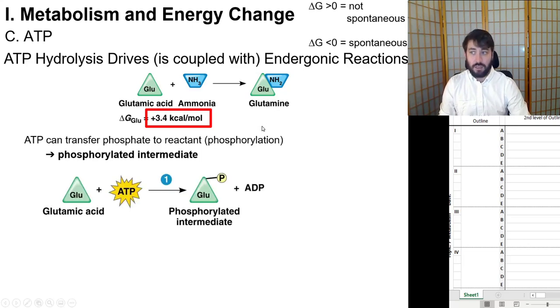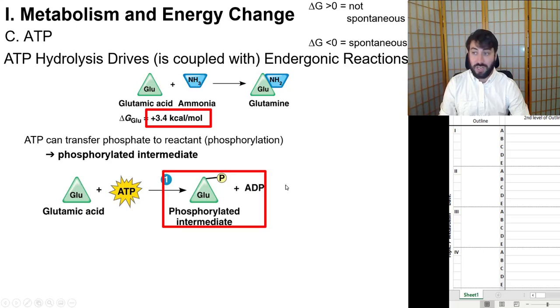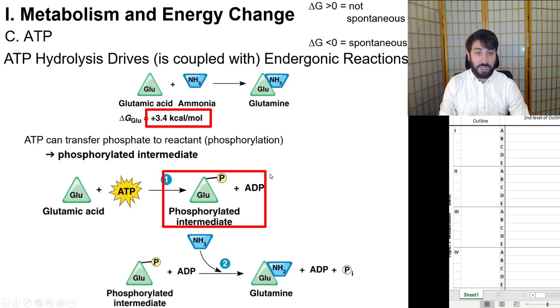Instead, we can throw in some ATP, which will end up shedding a phosphate and sticking it onto the glutamic acid, making it this phosphorylated intermediate. Now, this phosphorylated intermediate is very unstable, though, so that phosphate will actually break, and the energy from that will enable the ammonia to replace the phosphate and form a covalent bond with the glutamic acid to form glutamine.